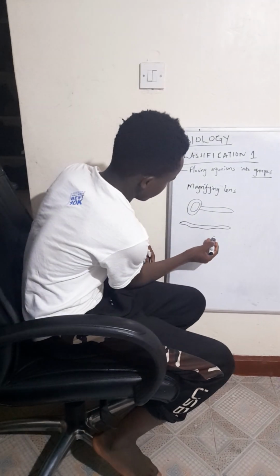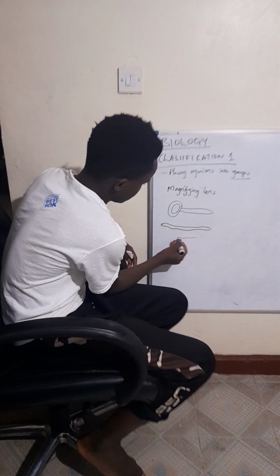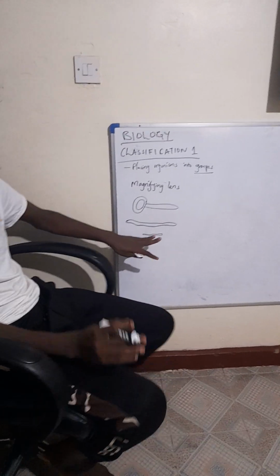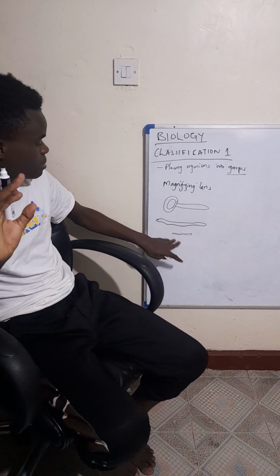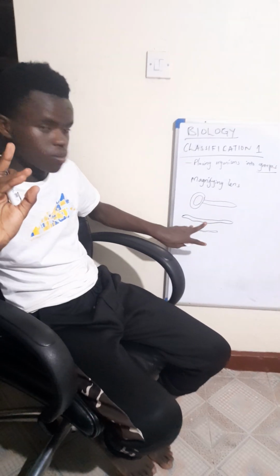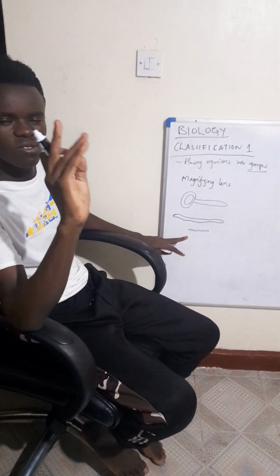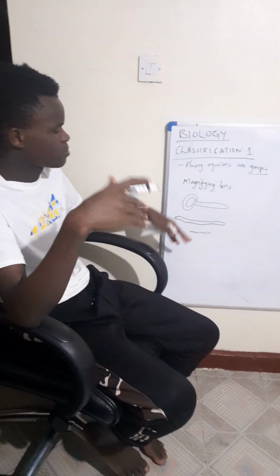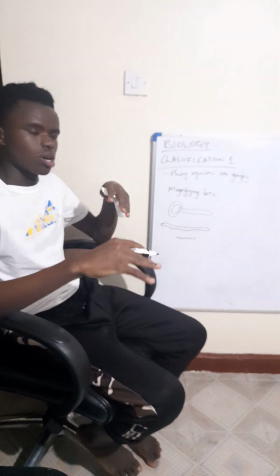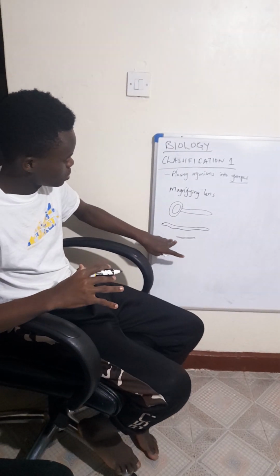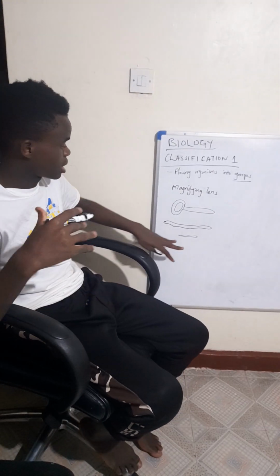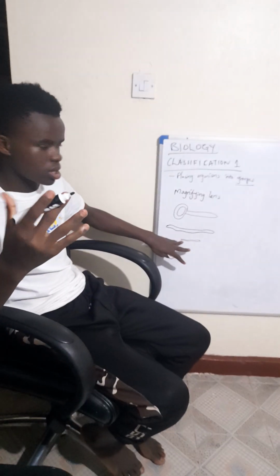Assuming the atom looks like this, it's a small one. So this is the actual length, but this is the length that I've used to draw the atom. We are going to use a certain formula to calculate by how much we have enlarged the object. In this case, the drawn object appears larger than the actual object, or the actual organism.